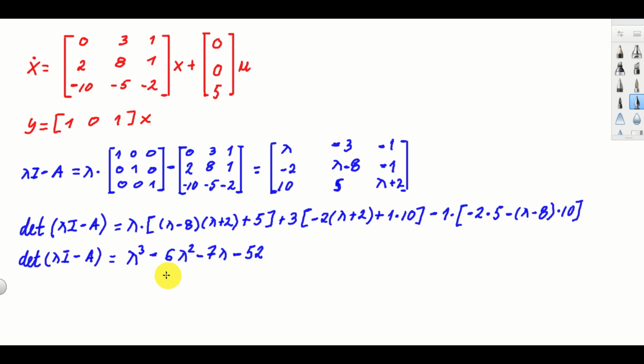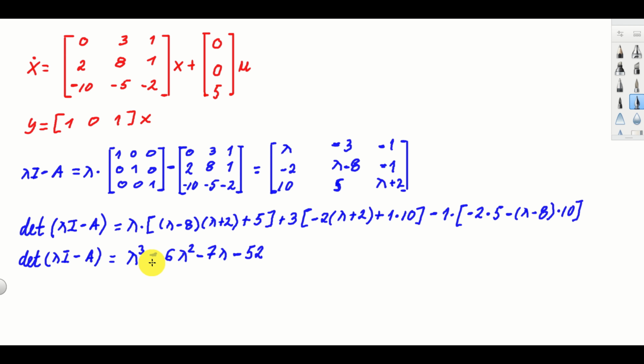Namely, the first necessary condition for stability is that all the coefficients of the characteristic polynomial are either positive or negative. That is, all the coefficients multiplying the powers of lambda should have the same sign. Obviously, this is not the case since you have a positive entry over here and the remaining 3 coefficients are negative. This means that the system cannot be stable.